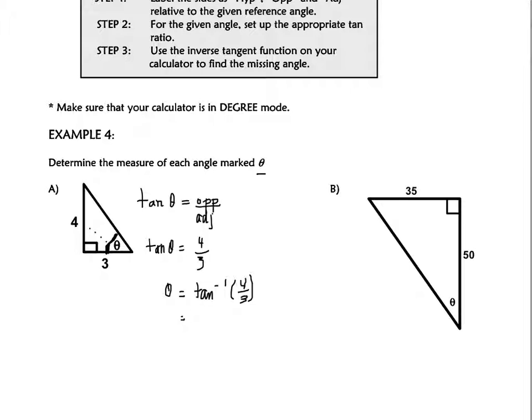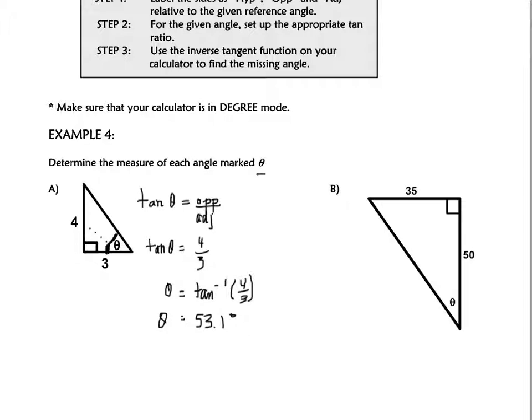So 4 divided by 3, and then hit the second function of the tan key will give you that. And some calculators you have to put the inverse tan option first, so this is usually the second function of the tan key, and then hit 4 over 3 and close your bracket. So that would be 53.1 is what the calculator gives you back in degrees. So theta is 53.1 degrees.